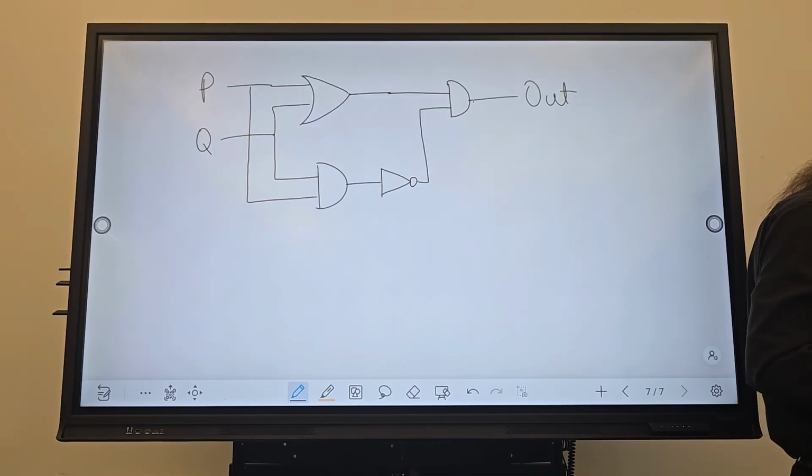Well, you trace through the circuit from left to right, indicating the output of each circuit.